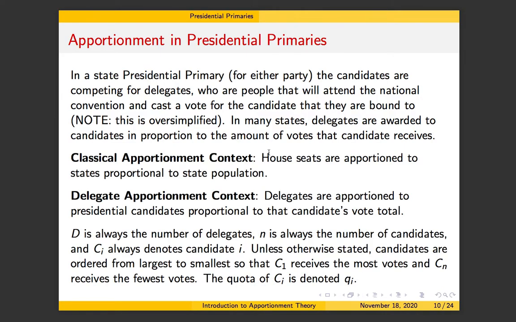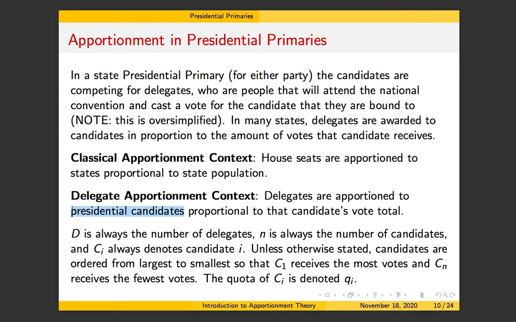So classically, you think about House seats apportioned to states, proportional to population. In this context of delegates in the New Hampshire primary or whatever, delegates are given to presidential candidates in proportion to how many votes they got. So votes play the role of population, delegates play the role of House seats, and instead of a state, you have a human being, a presidential candidate.